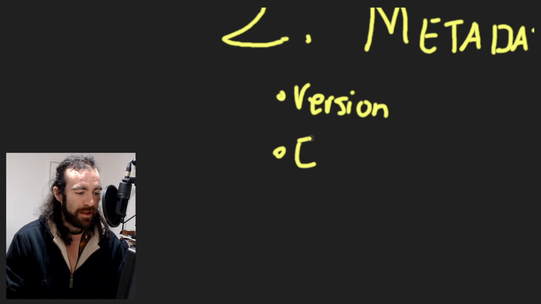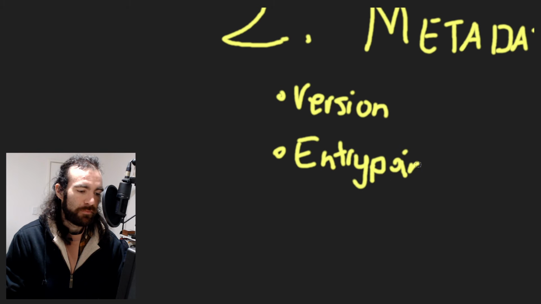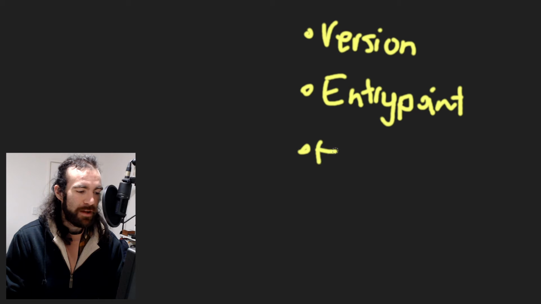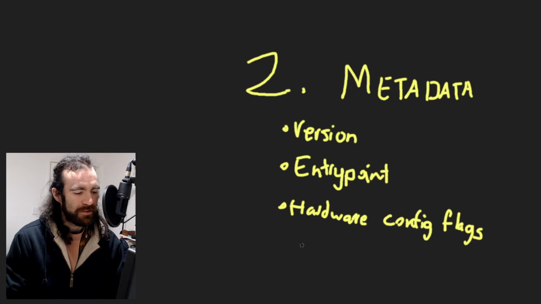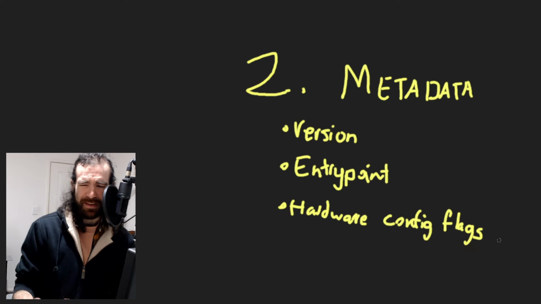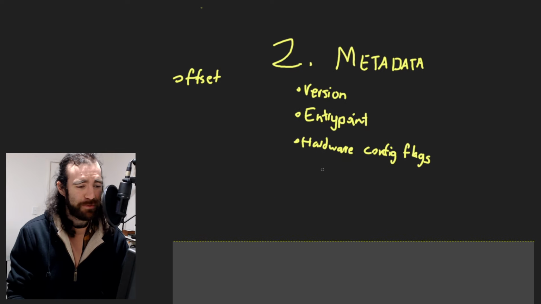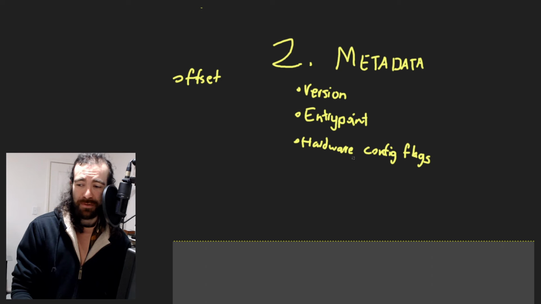We're going to have an entry point. I'm going to include something called hardware config flags. This will basically say that the compiler expects certain hardware interfaces to be available. This will be unused for now, but we're going to put it in there because I think it's going to be important later.